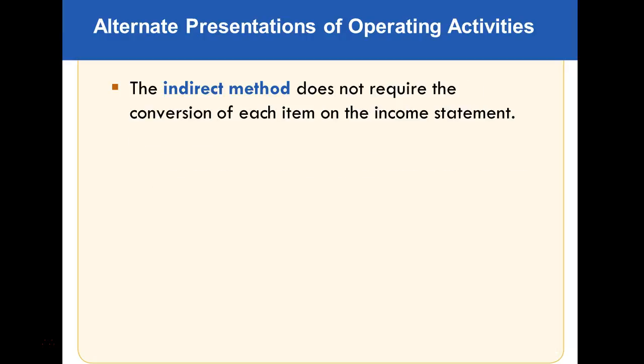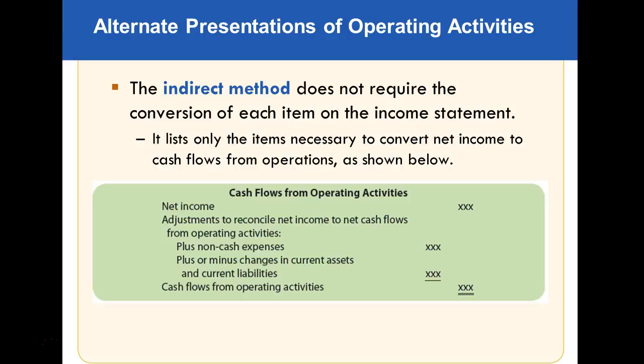The indirect method is done a little different. In the indirect method, we start with net income. It lists only the items necessary to convert net income to cash flows from operations. So think about it. Net income includes some items that we really don't use cash for. Depreciation.